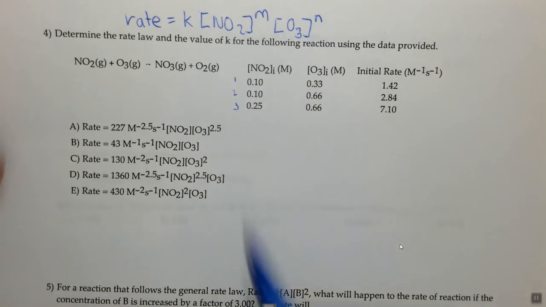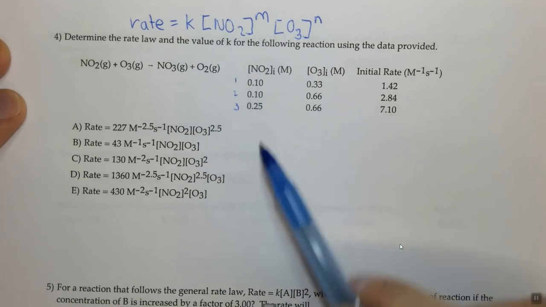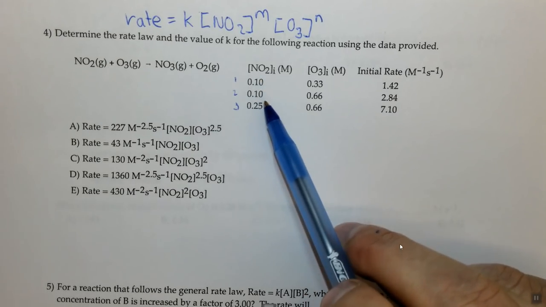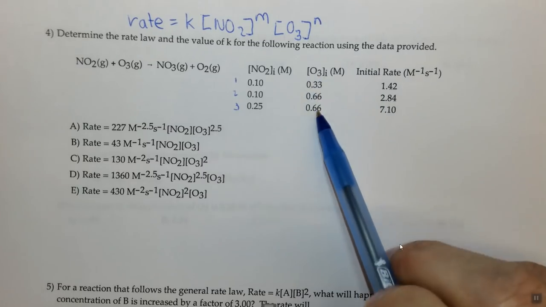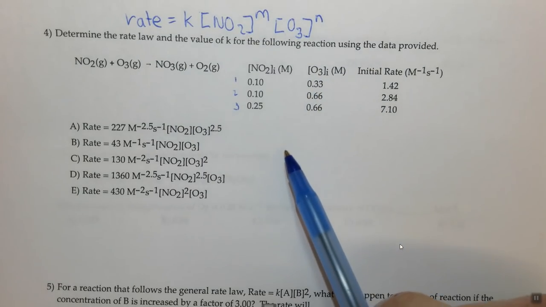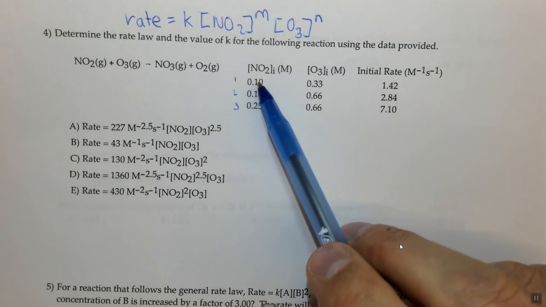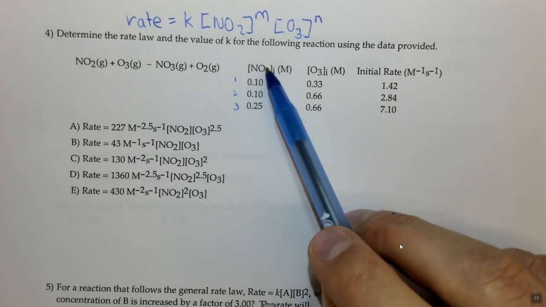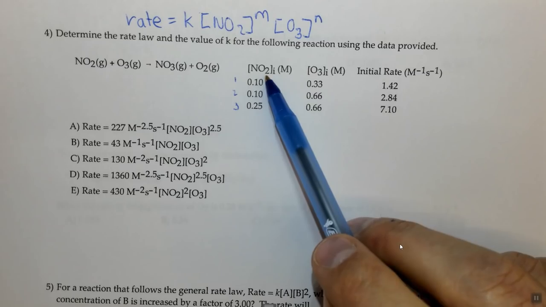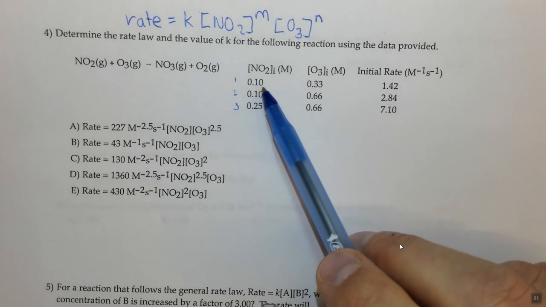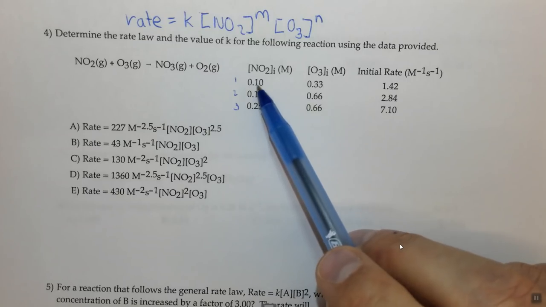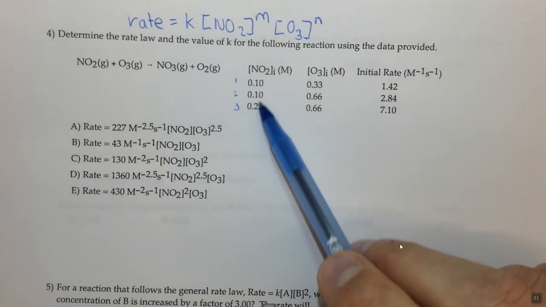I'm going to do M first for NO2. I'm looking for something where the concentration of NO2 changes, but the concentration of O3 is constant. If I look at the first one and the second one, the concentration of NO2 is constant, so that's not going to work. But if I look at 2 versus 3, the concentration of NO2 changes.